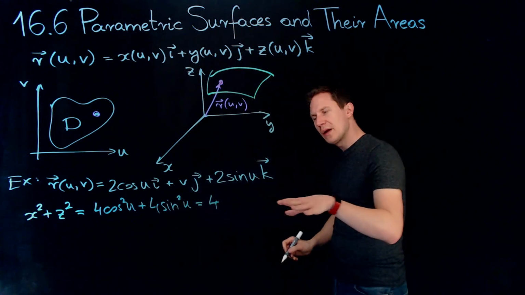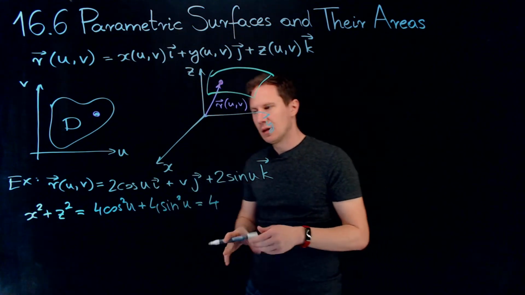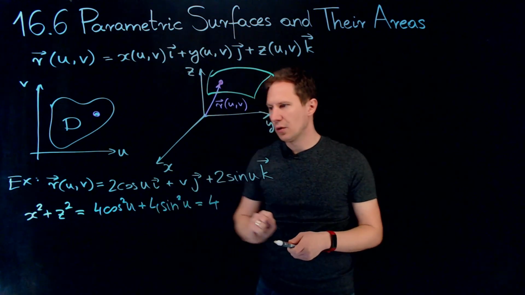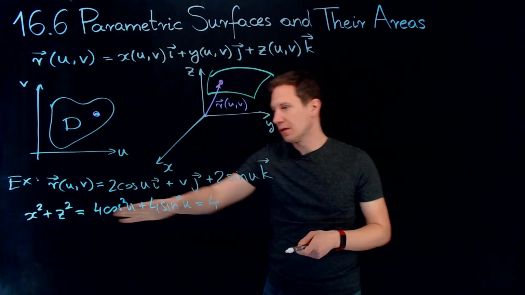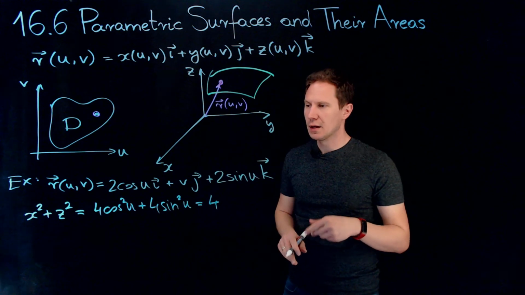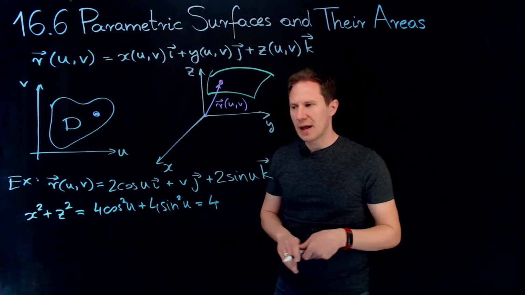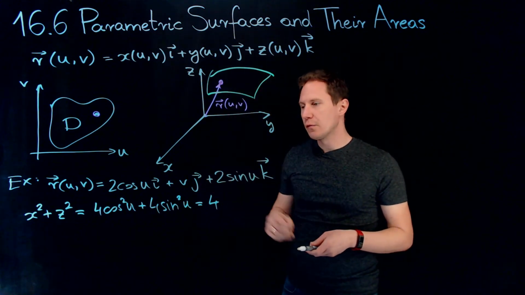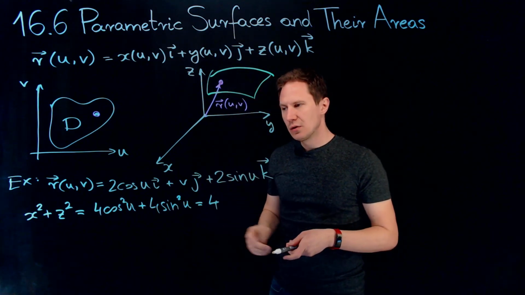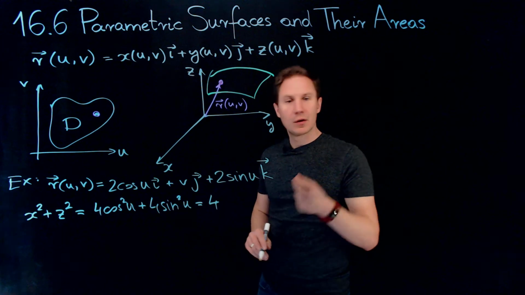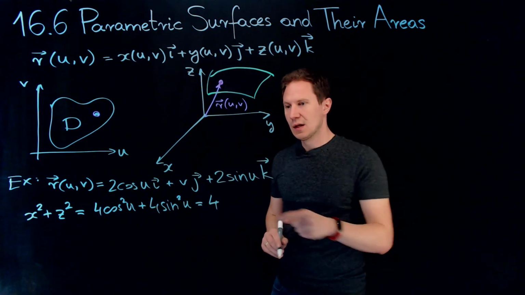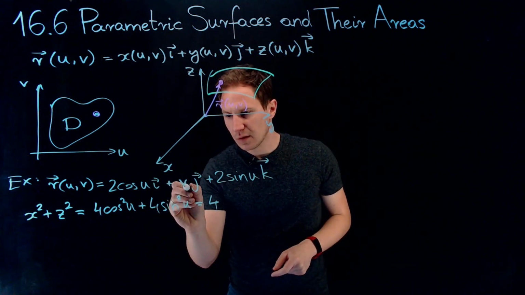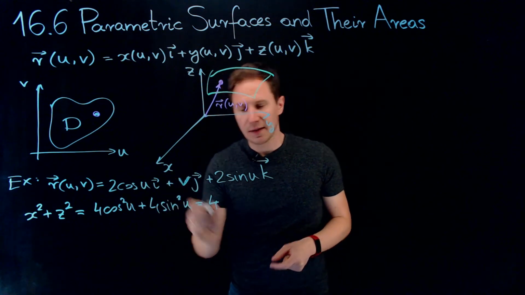So in the xz plane you have a circle of radius 2, and since it does not depend on y, for any fixed value of y you get a circle of radius 2 with its center on the y-axis, and y is just the parameter v, which can take any value.